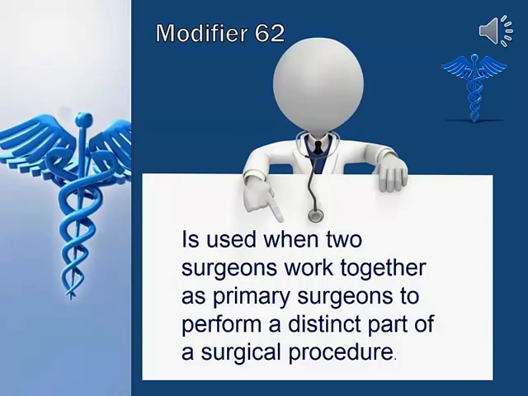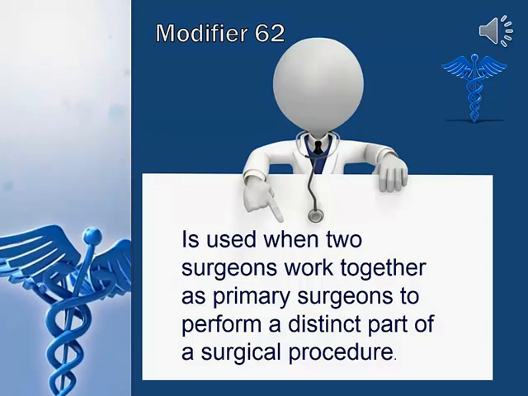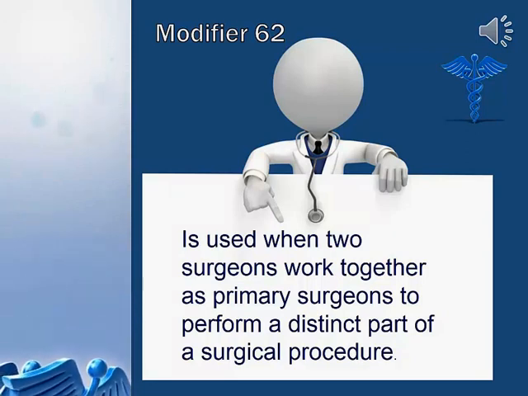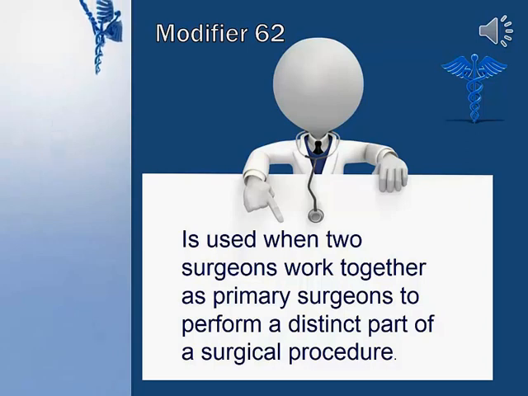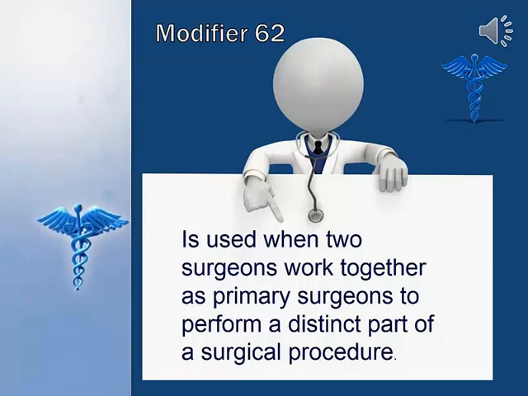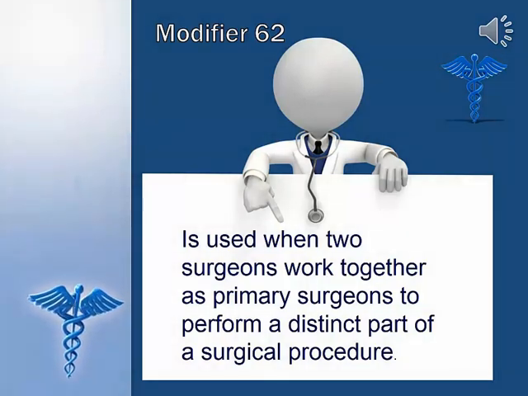Each surgeon should report his or her distinct operative work. So that's when that modifier 62 can be used, except for the codes that I mentioned before that the 62 cannot be added to.